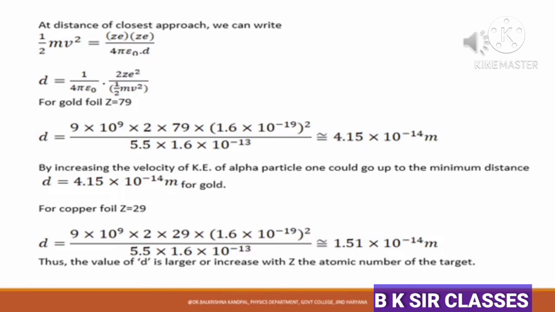That is approximately equal to 1.51 into 10 to the power minus 14 meter. Thus the value of D increases with atomic number of the target. As we increase the atomic number, we get a larger nucleus size.